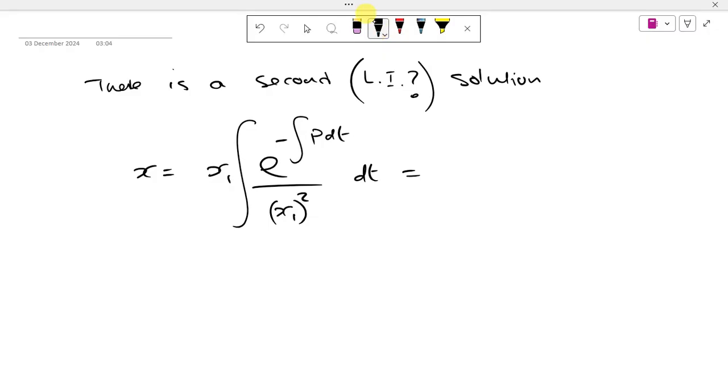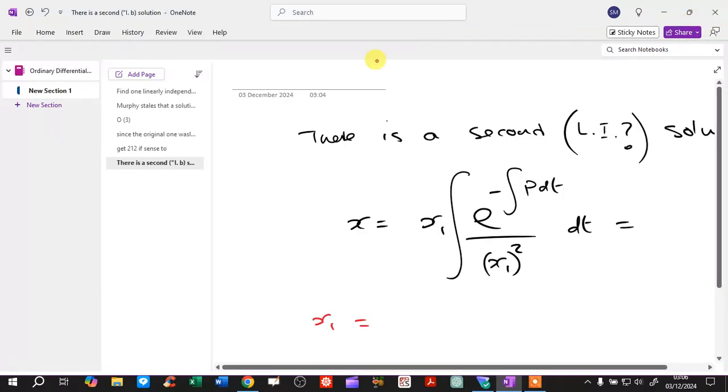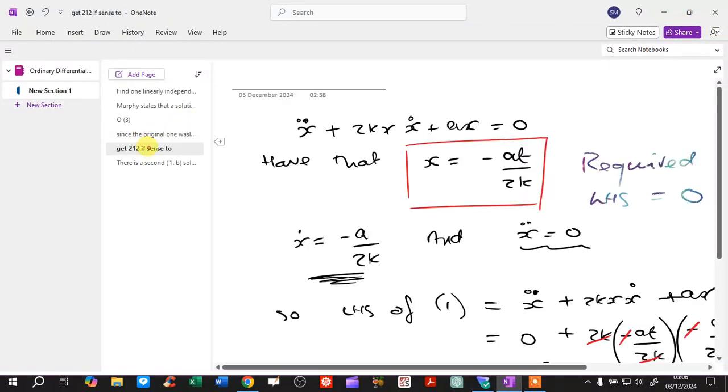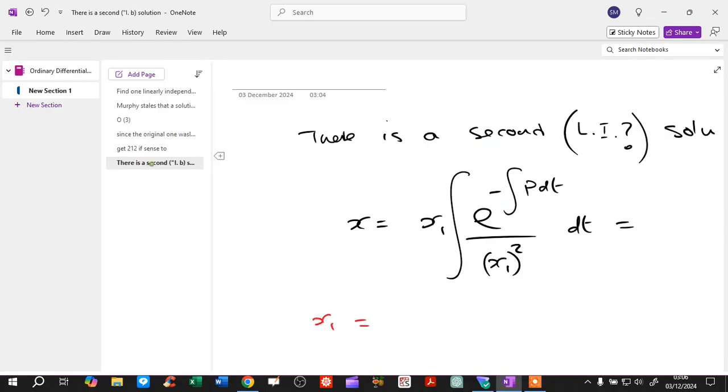Well, we know that x1 is equal to our first linearly independent solution, x equals minus at over 2k.